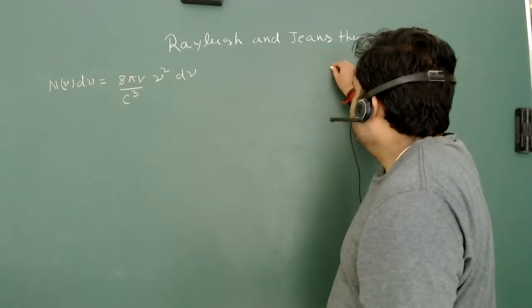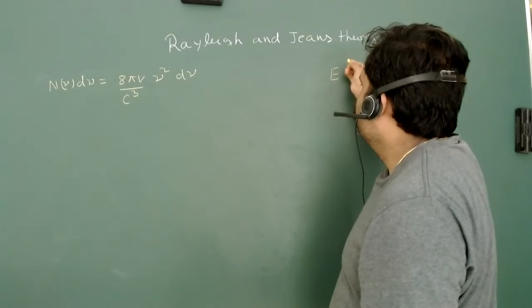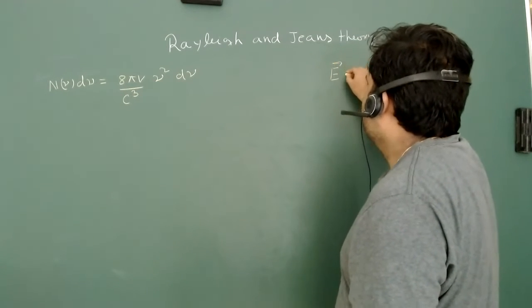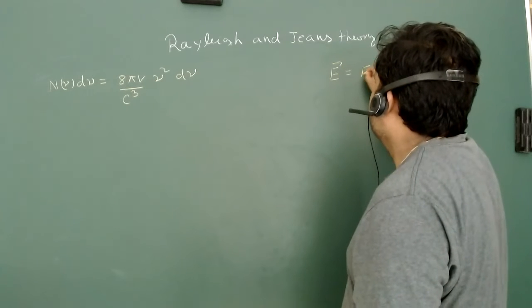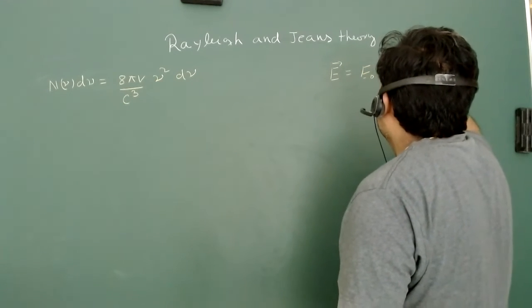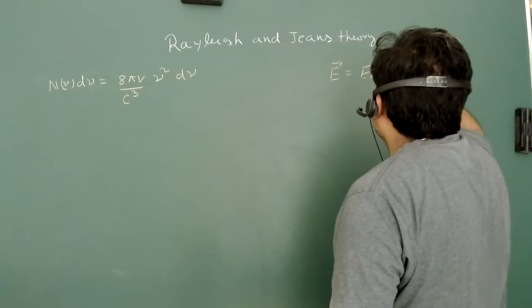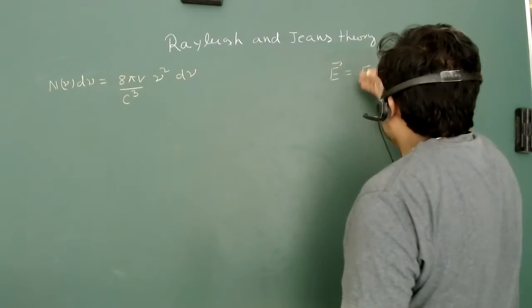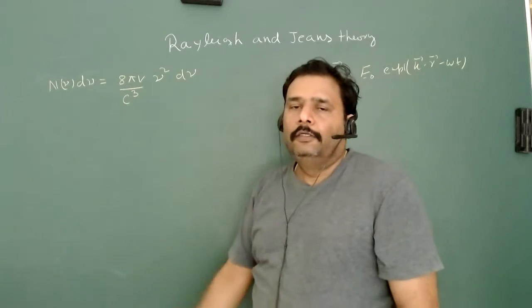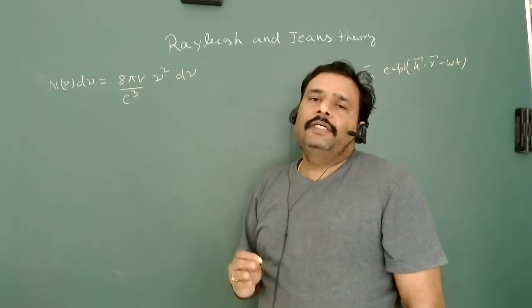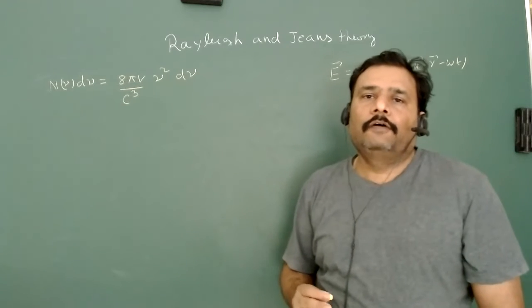We know that according to the classical theory of electromagnetism, E is E naught exponential i (k dot r minus omega t). So this is a sinusoidal solution, and this solution is equivalent to the solution of a harmonic oscillator.